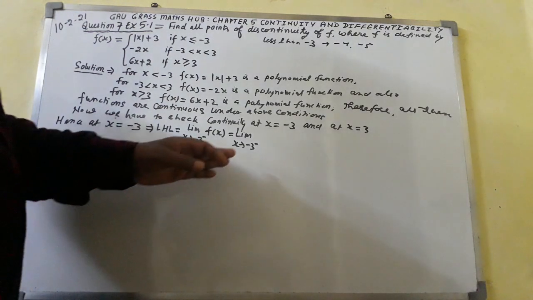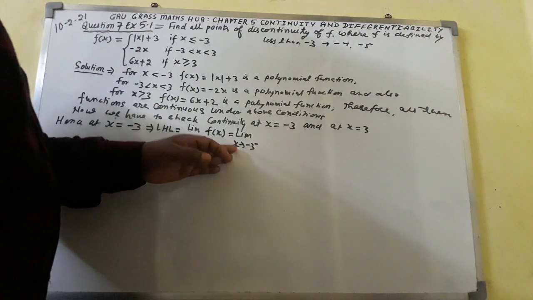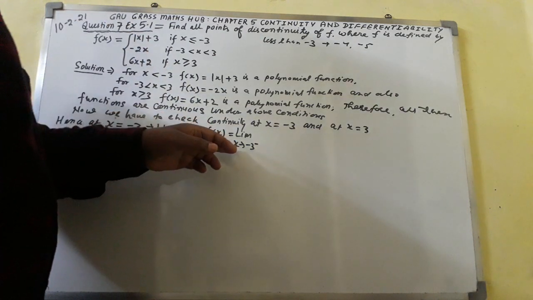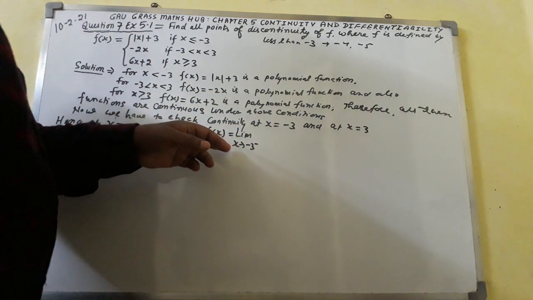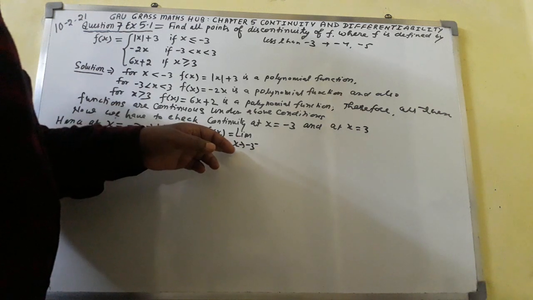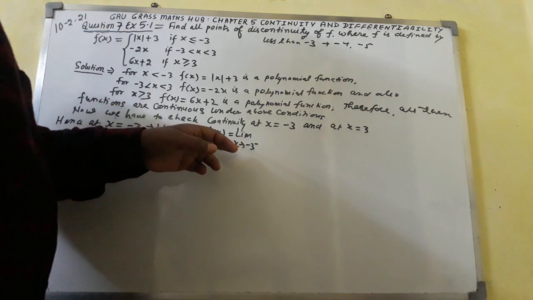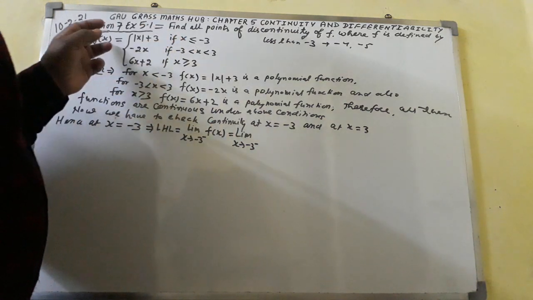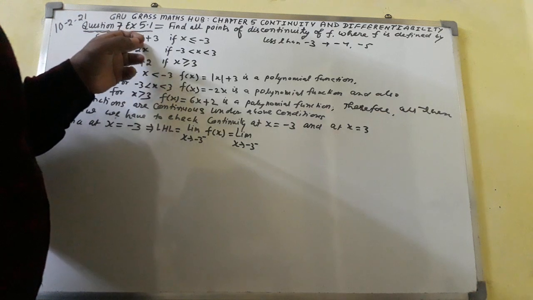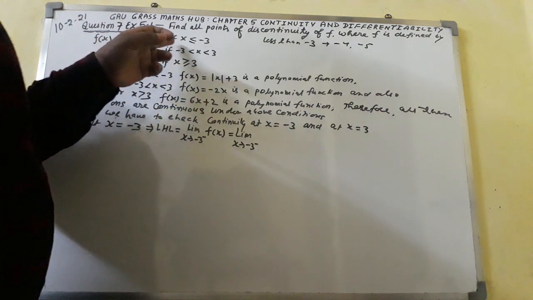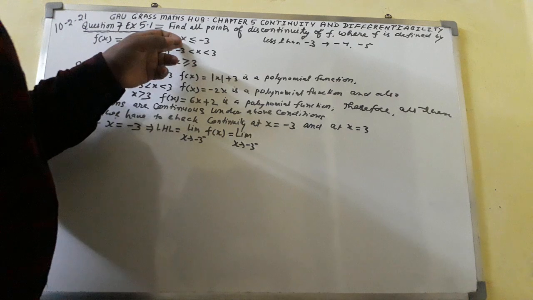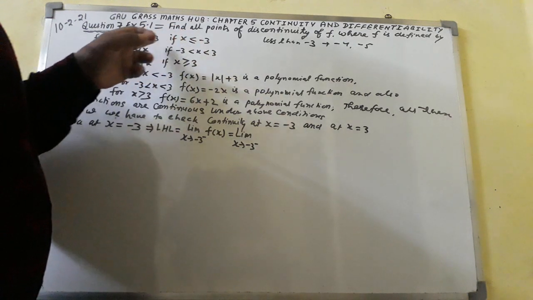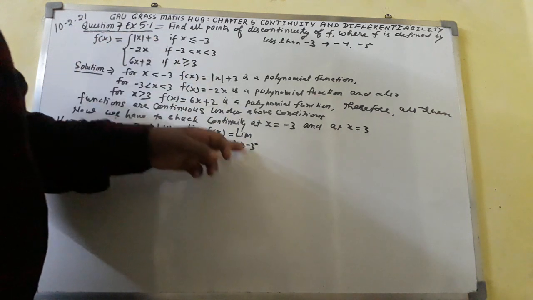So you have to locate the function from all these three functions which will have the value of x less than minus 3. Here you can see this function f of x equal to mod x plus 3, in which the value of x is less than minus 3. So apply this function in this case.